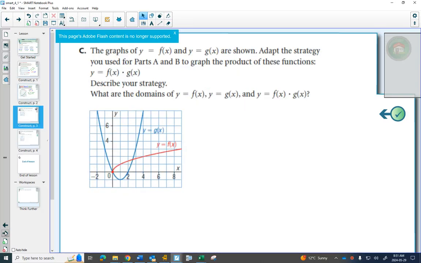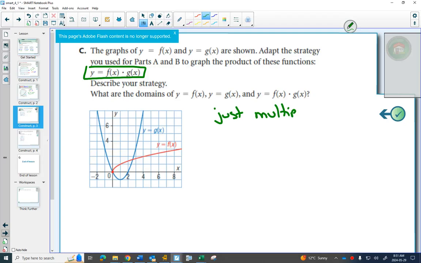The next one, they didn't give us a situation, a story. They just gave us two graphs, f of x and g of x, and said, can you draw the green graph that multiplies them together? So again, the idea stays the same, but there's going to be some strategies that make your life easier or harder when doing this.